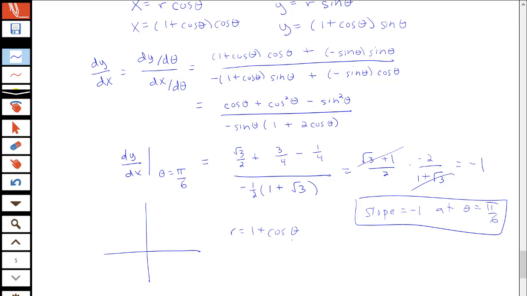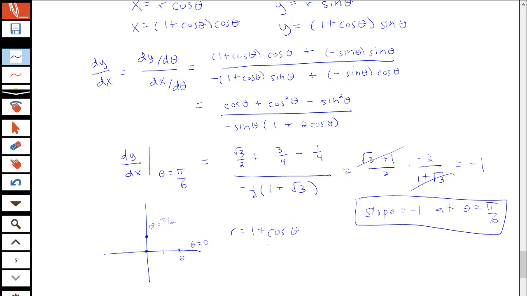Notice that when cosine is 1, r would be equal to 2, here at theta equals 0. When theta equals pi over 2, notice that cosine of pi over 2 is 0, so I would have an r of 1 there at pi over 2. At pi, cosine of pi would be negative 1, so I'd have an r of 0 there.